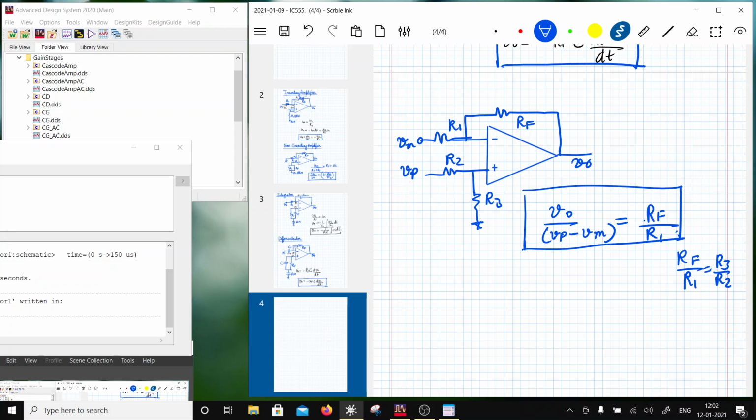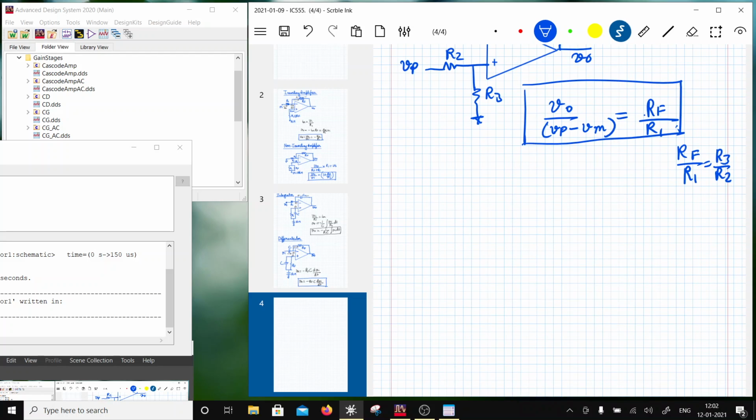Now there are other things which you can do with this, like a summing amplifier, right? A summing amplifier would be an OpAmp, and in this case you are going to have RF, and then R1, R2, R3, and so on.